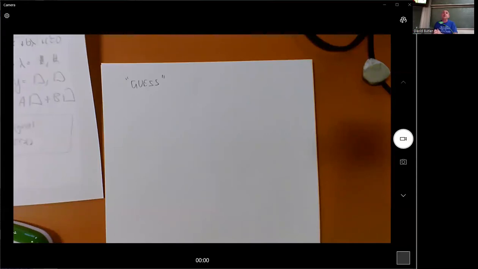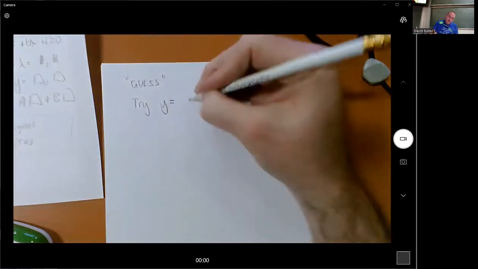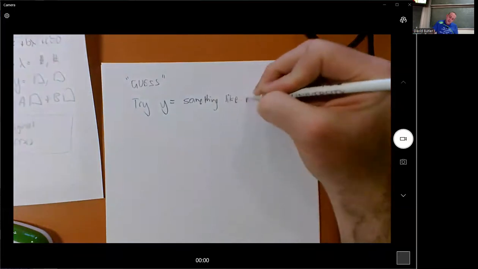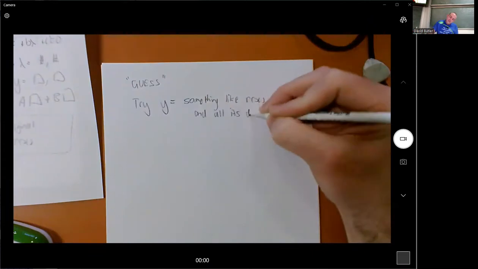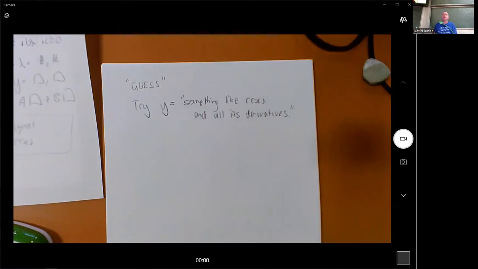And it is based on A, following the wisdom of those who have trod this path before us, and B, thinking about what the derivatives of Rx are. So you want to try y equals something like Rx and all its derivatives.